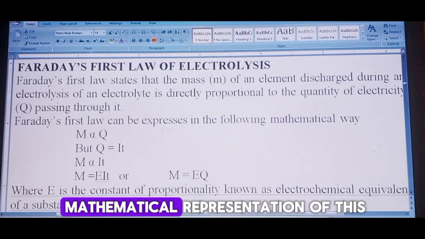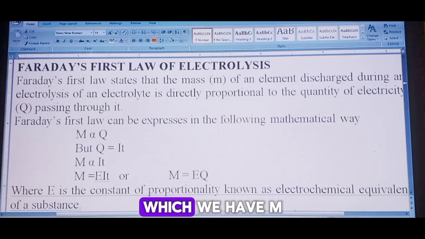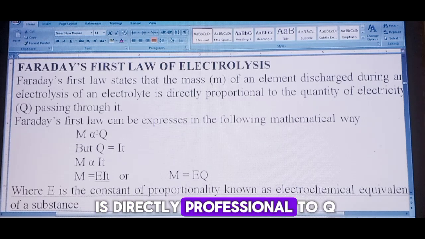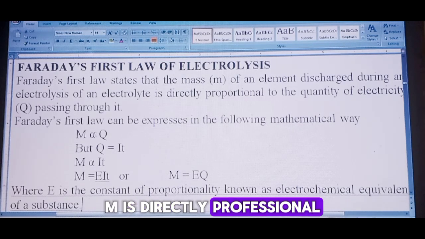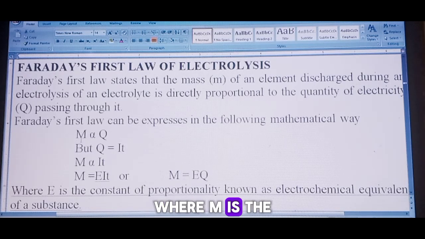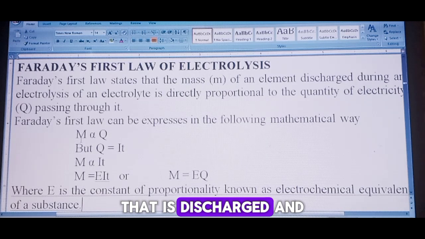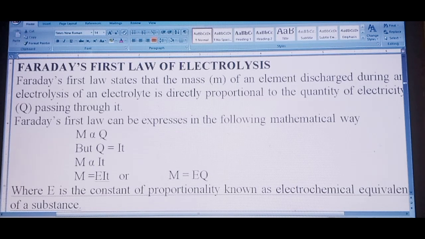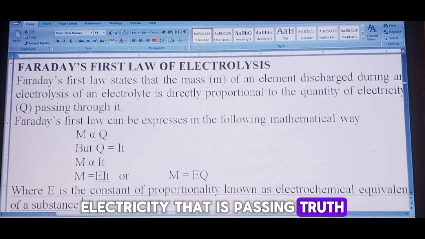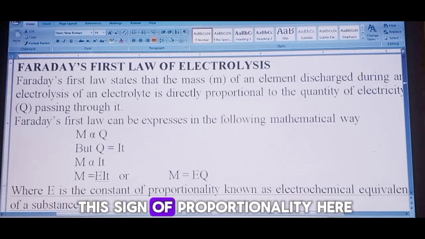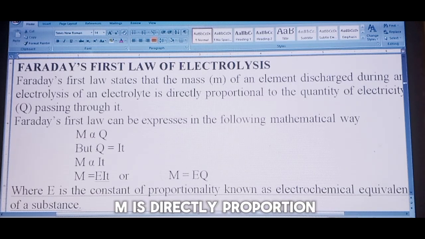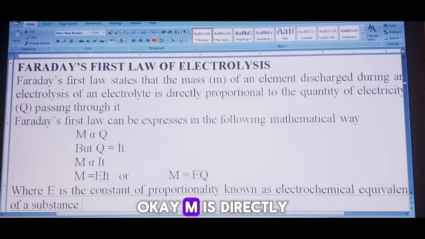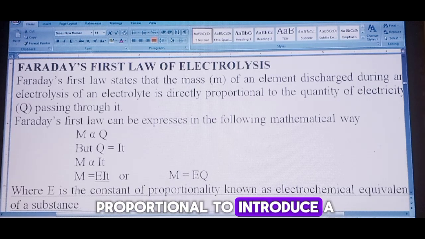Now we have the mathematical representation of this first law, which is M is directly proportional to Q, where M is the mass of the element that is discharged, and Q is the quantity of electricity that is passing through it. Now, when we remove the sign of proportionality, we'll introduce a constant here.